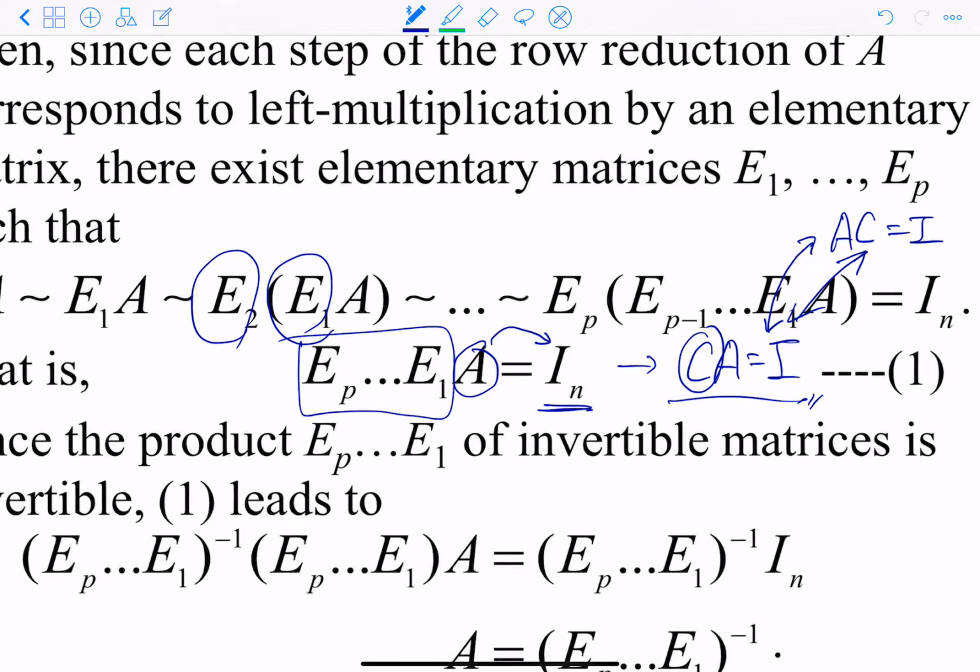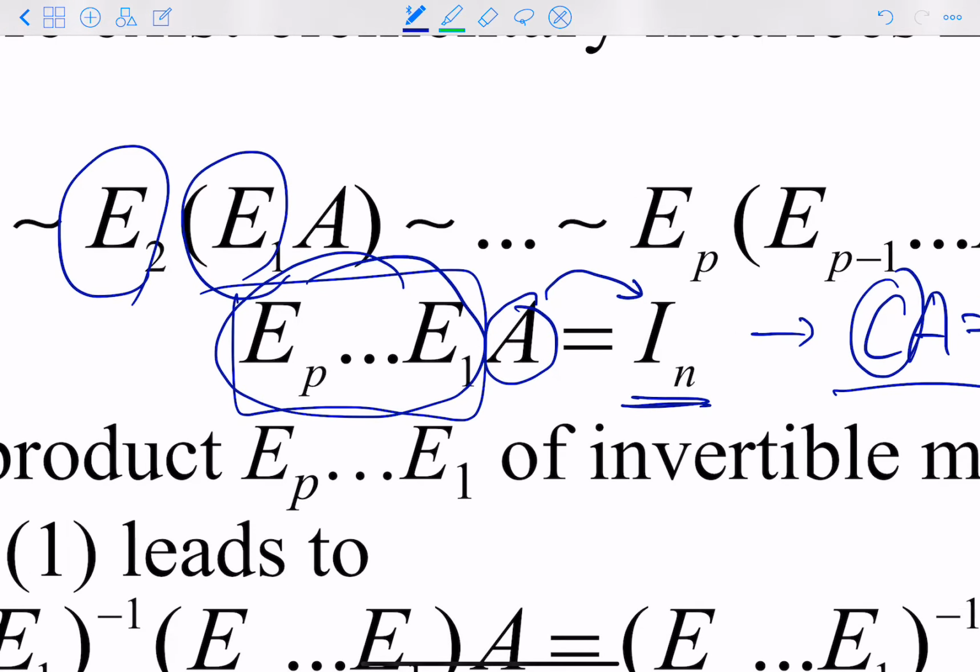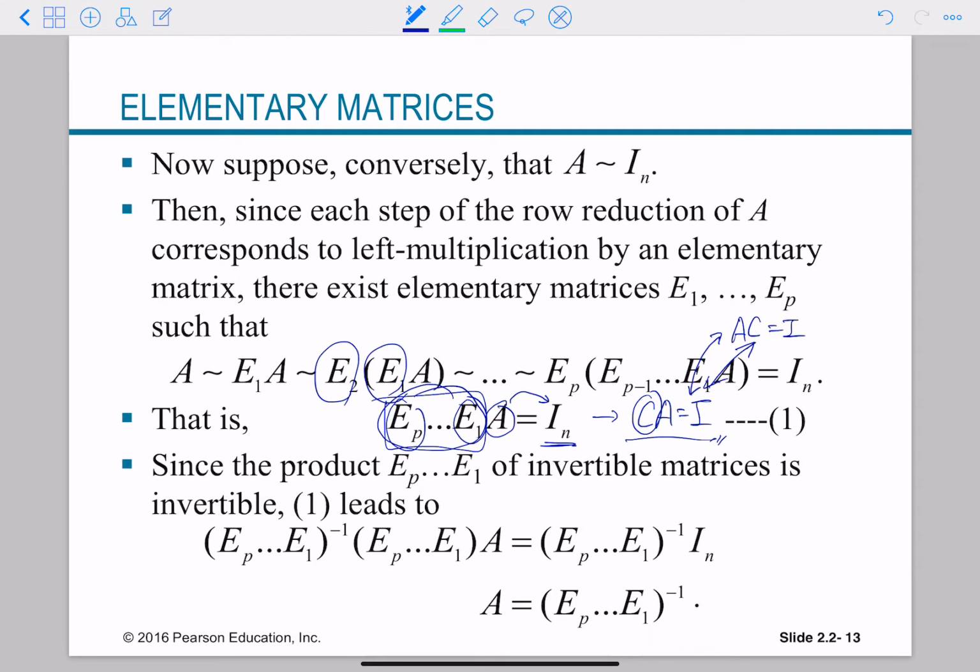In this case, C works as the inverse matrix of the original matrix A, and more importantly, E1 through EP are each invertible, and so the inverse of this product is actually our matrix A.